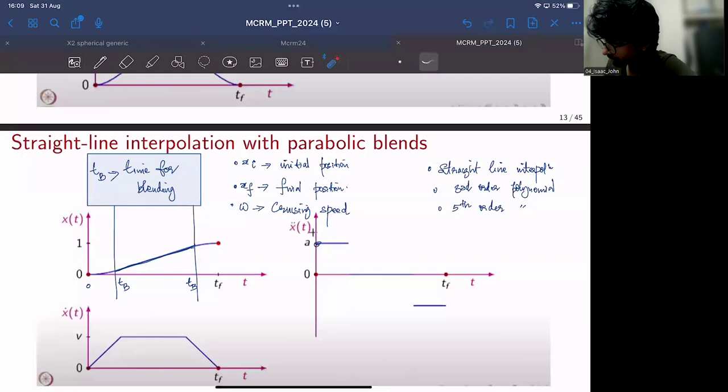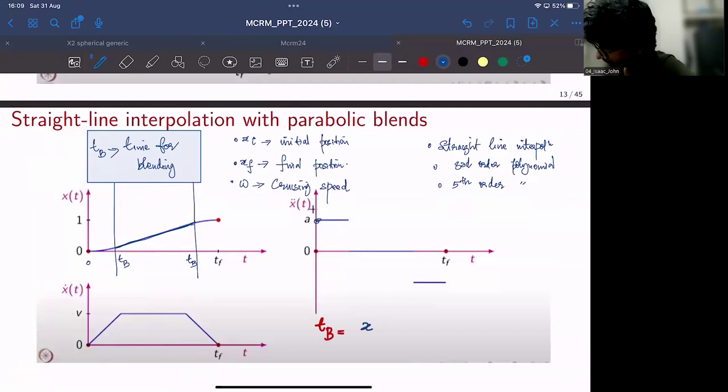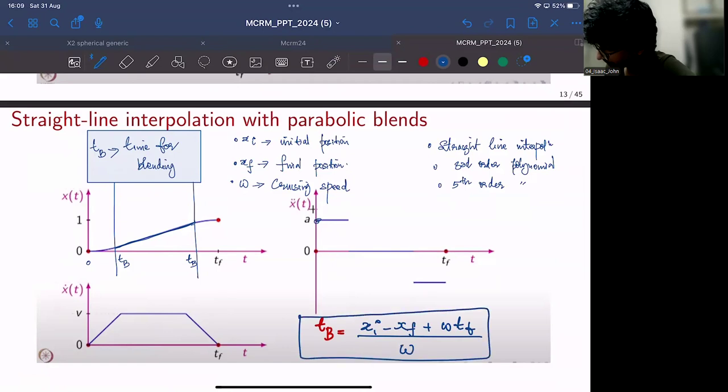Now we move on to our slide. I'll rewrite that equation here, tb as xi minus xf plus omega tf by omega. This is the time for blending.